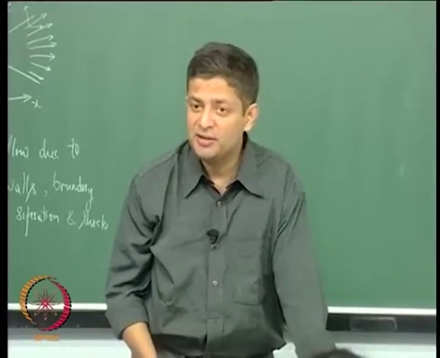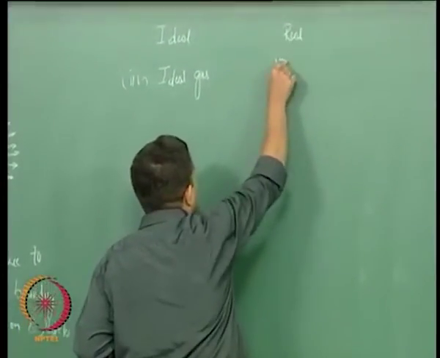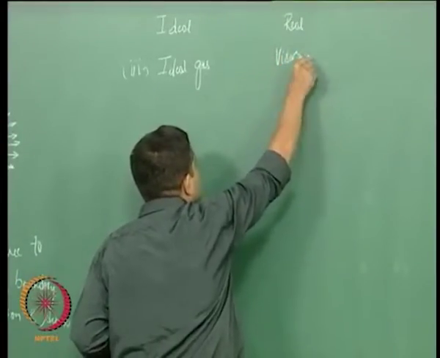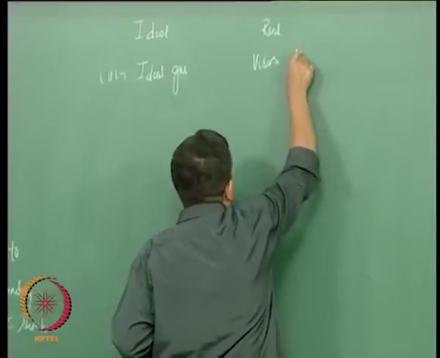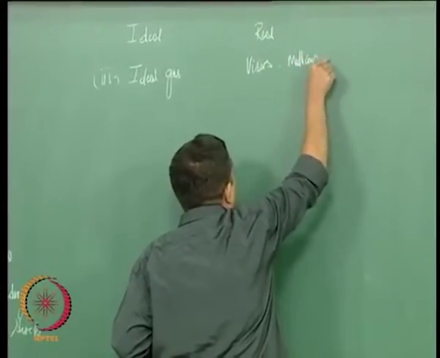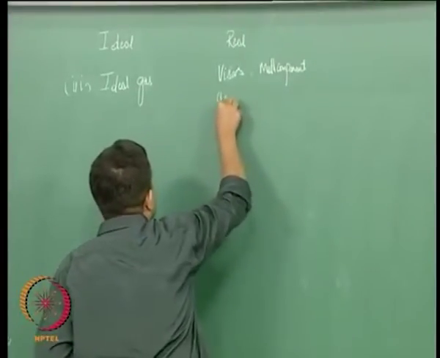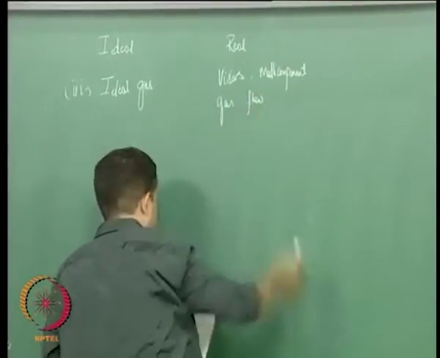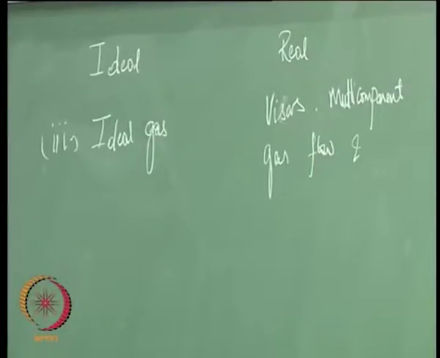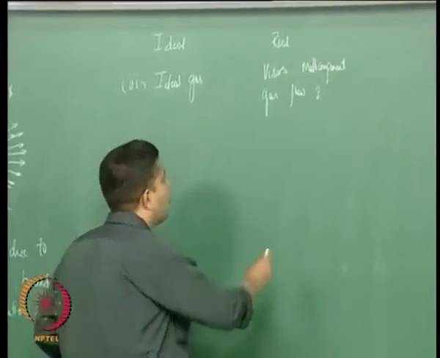That is not going to be there, and there is going to be viscosity. So, the real flow will be viscous, plus sometimes you will get multi-component gas flow, and sometimes in solid rockets, especially with the composite propellant wherein it is aluminized, you will get something like a two-phase flow also at times.